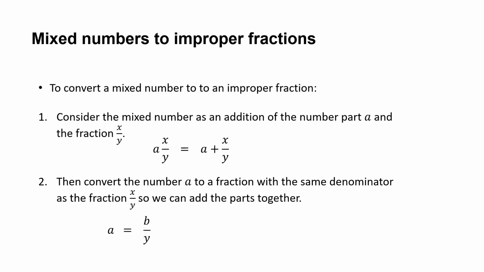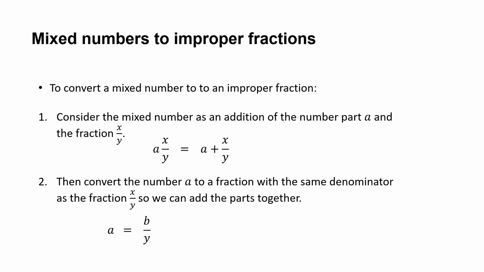So using the above example, this a plus x over y, the a term we want to rewrite in terms of something over y. So let's, for instance, just say that a is equal to b over y.